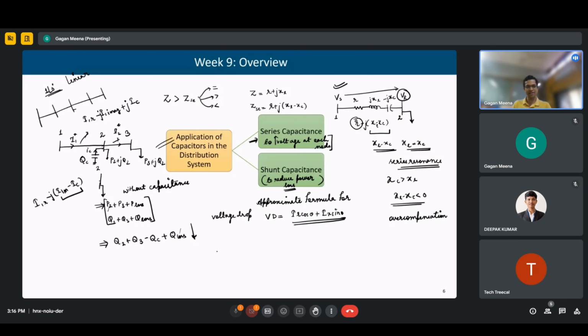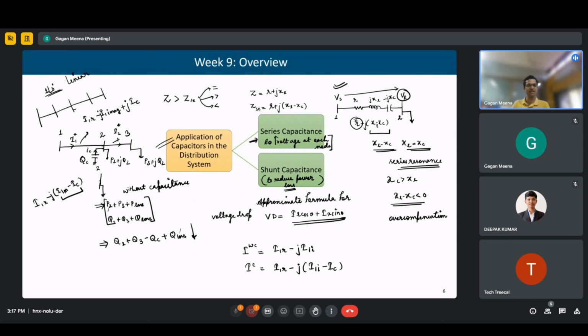So the current before, without capacitor, was I1R minus J I1 imaginary, considering a lagging load, and with capacitance it is I1R minus J I1 imaginary minus IC.